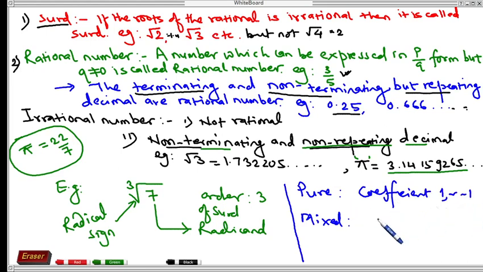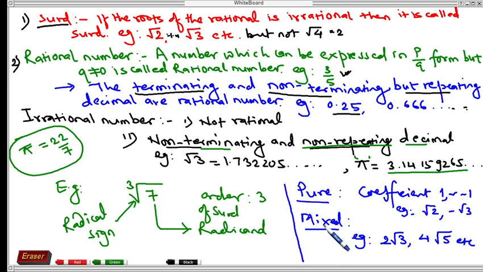For example, root 2 or minus root 3 are pure surds. Other than a pure surd, having a coefficient other than 1 or minus 1 is a mixed surd. For example, 2 root 3, 4 root 5, etc. are mixed surds. Pure and mixed surds we have discussed.